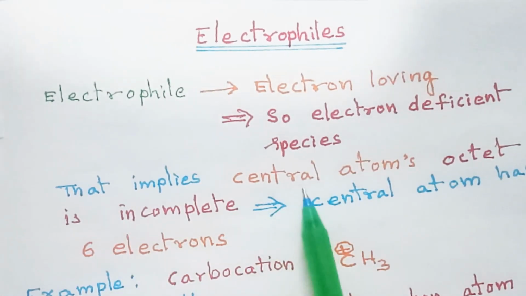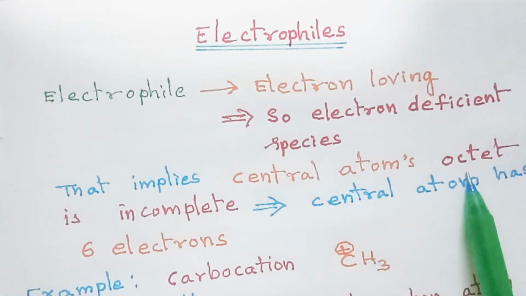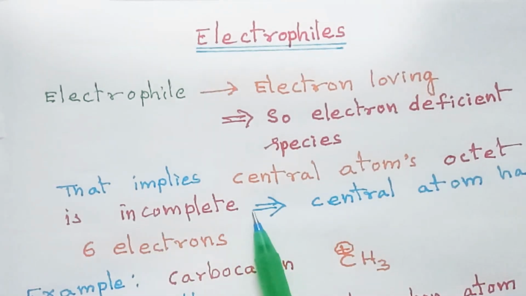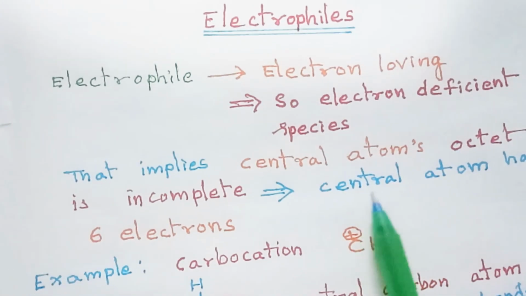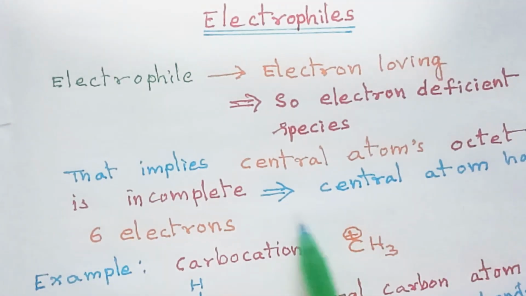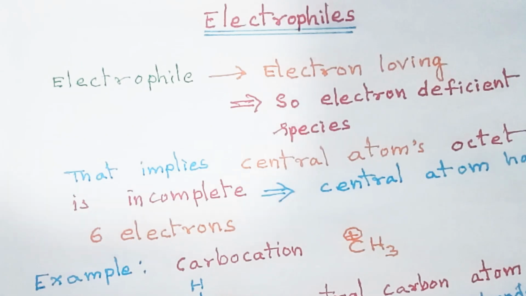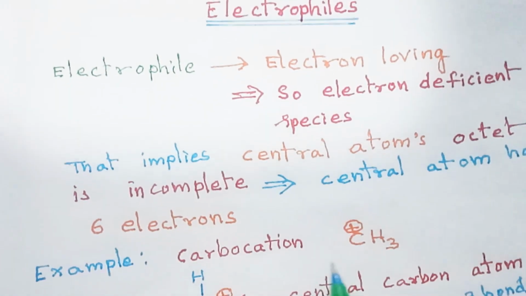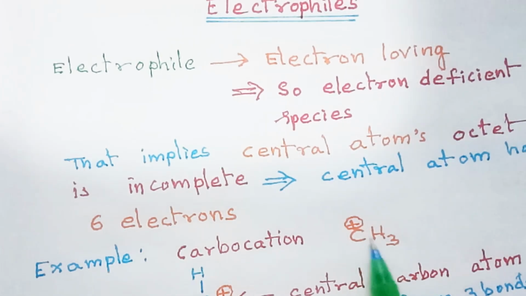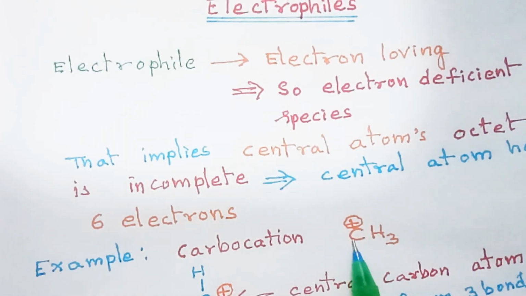That implies the central atom's octet is incomplete and the central atom has 6 electrons. A good example for this is the carbocation CH3+. The plus sign is on the central carbon atom.